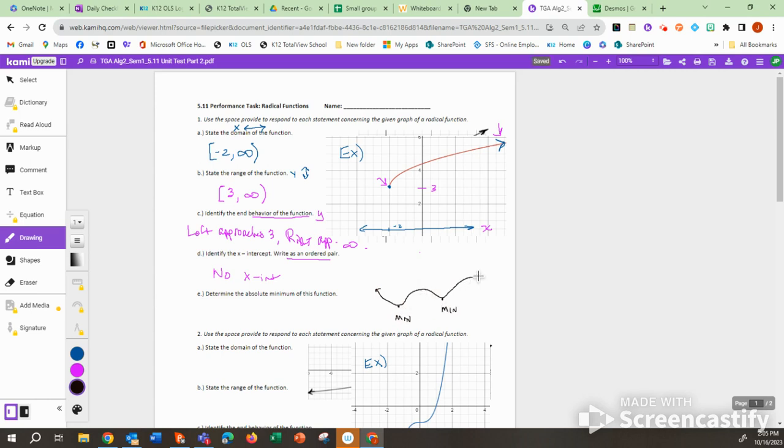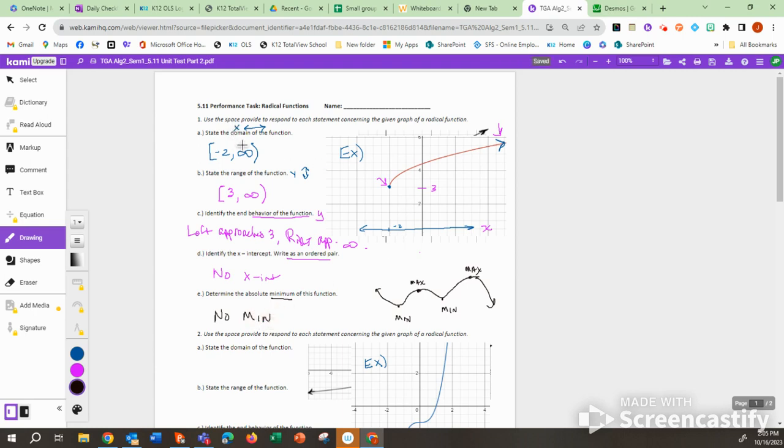And then the maxes are going to be any type of mountaintops, any place where the graph tips up, goes up. So this is asking for mins. This graph doesn't have a min. There's no min because there's no valley. This kind of looks like a valley, but it doesn't go back up. You have to go down in the valley and back up to have a valley. So there's no mins in this particular graph that I made up.